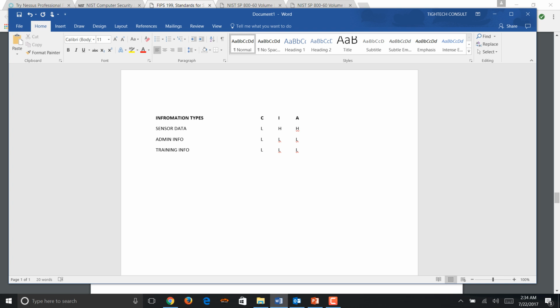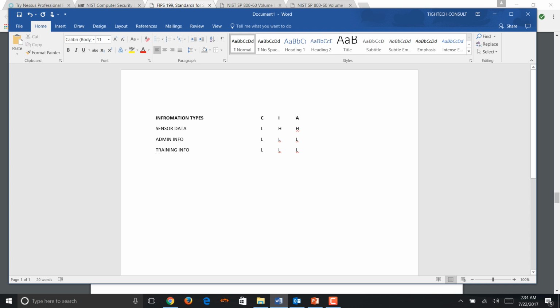Now, the second step says we should assign recommended potential impact value. So now we have assigned the recommended potential impact, which is for sensor data. Under confidentiality, we say it is low. Under integrity, we're saying it is high. For loss of availability, we're saying it is high. What does this mean?